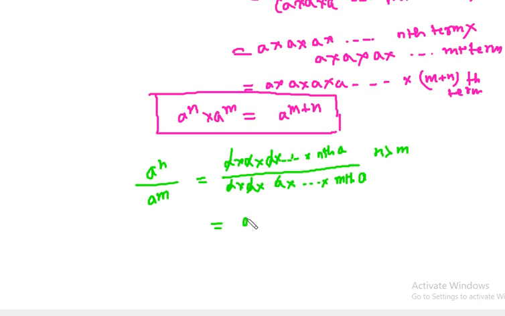You will get a into a dot dot dot n minus m terms, isn't it? So this expression can be written the same way, a multiplied n minus m times, so you can write a to the power n minus m.